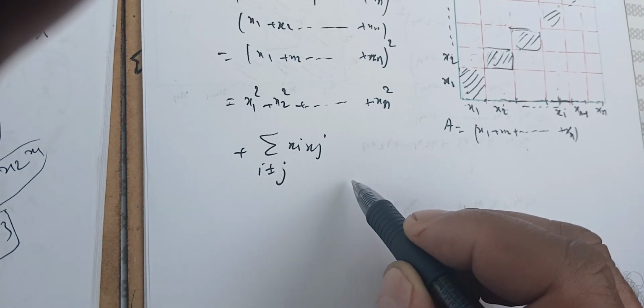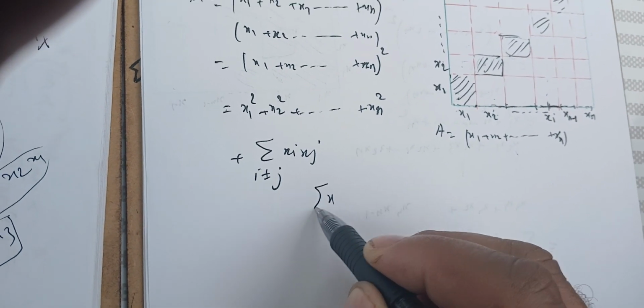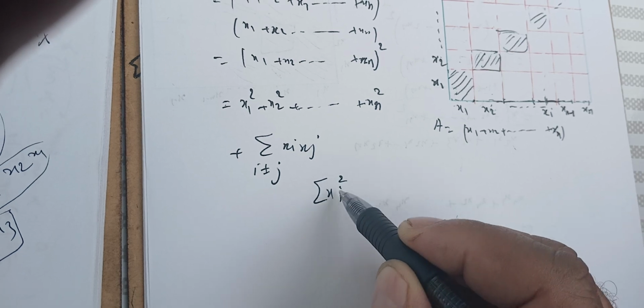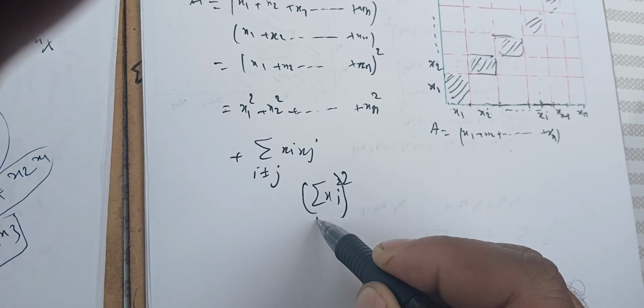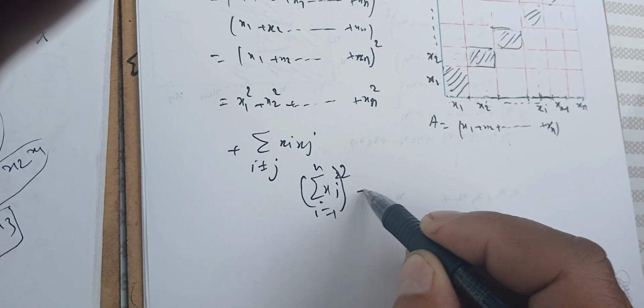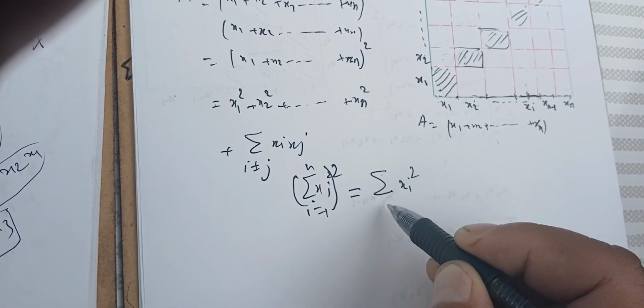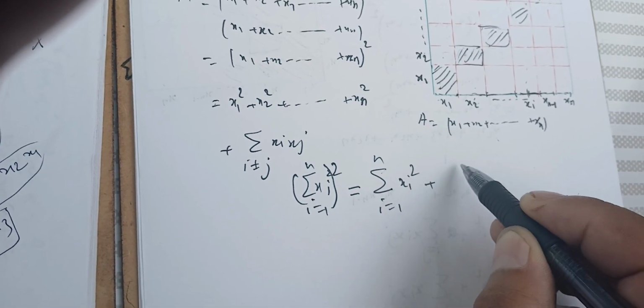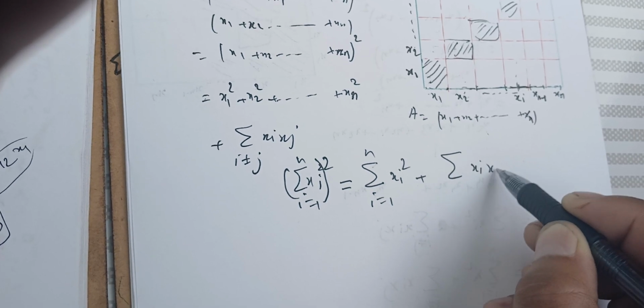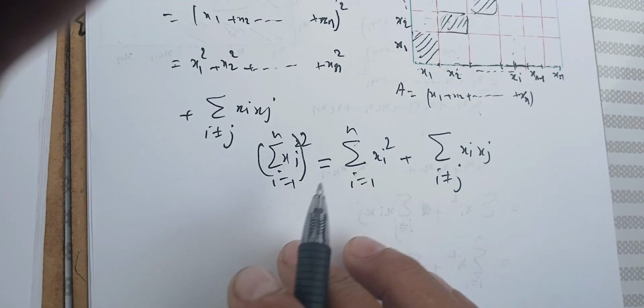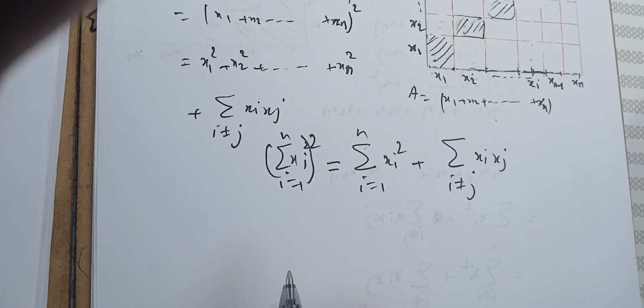So now this formula can be written as the sum of xi, squared. The sum squared, not the sum of the squares. So it's going to be the sum of the xi squared plus the sum of xi xj with i different from j.